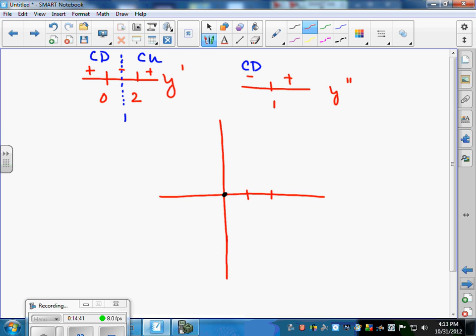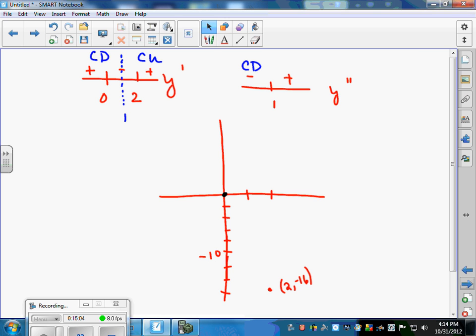We'll count off by 2's: 2, 4, 6, 8, 10, 12, 14, 16. So at 2, negative 16. Then we also had a point of inflection at 1, negative 8.